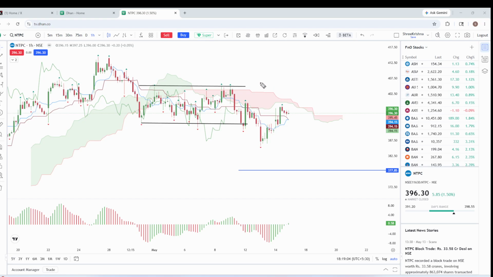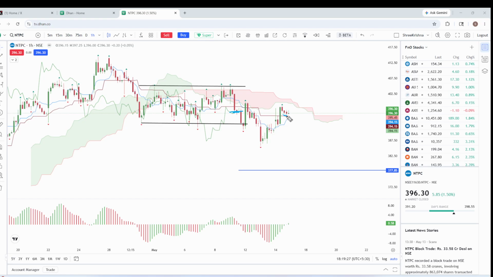If it has to go upside, it has to close above this, then give a pullback somewhere here and then go. But the Chikou span is already confirming that it is going to reverse from this particular price point.